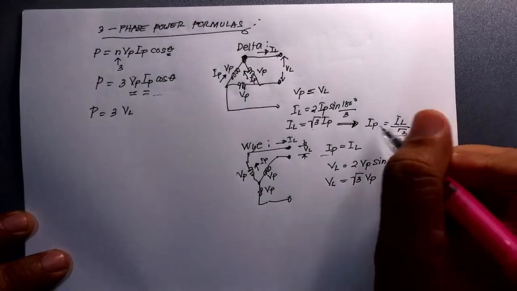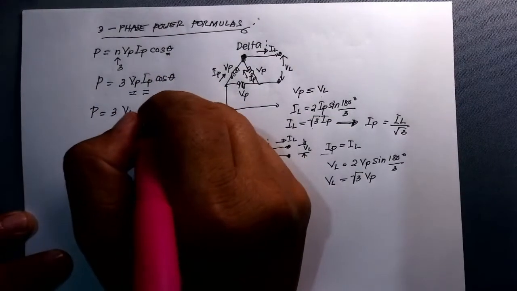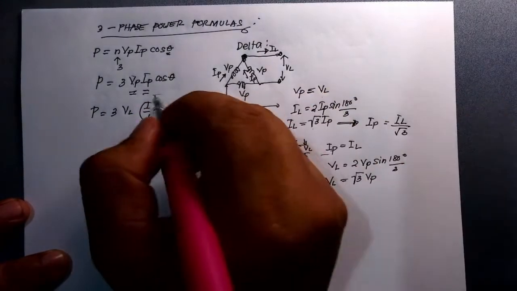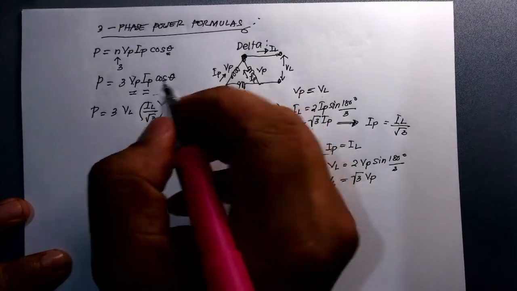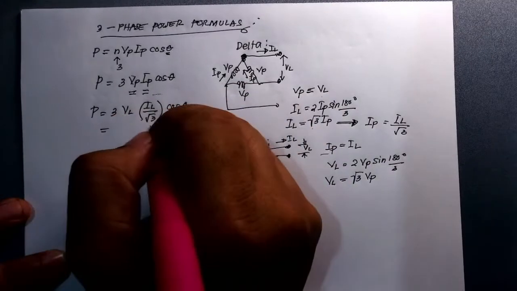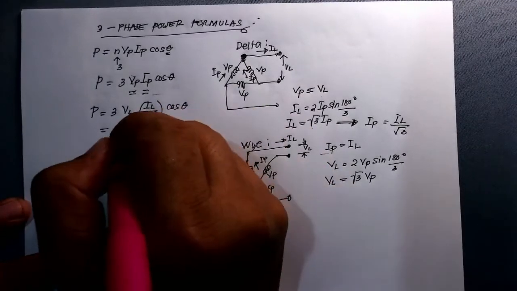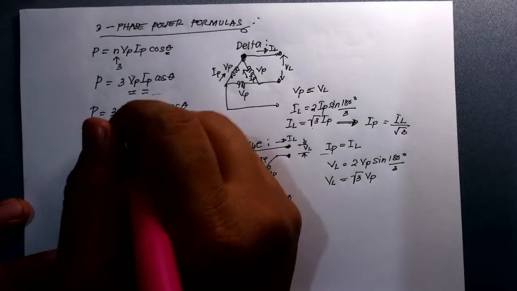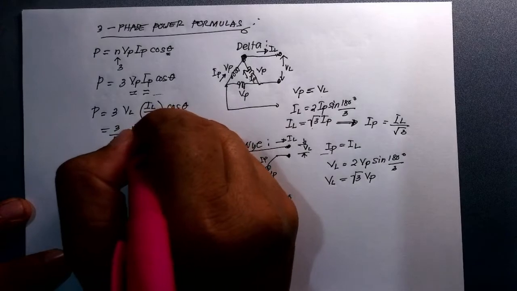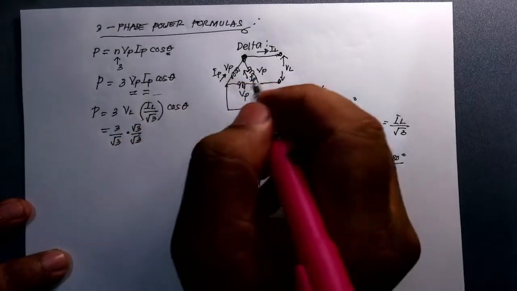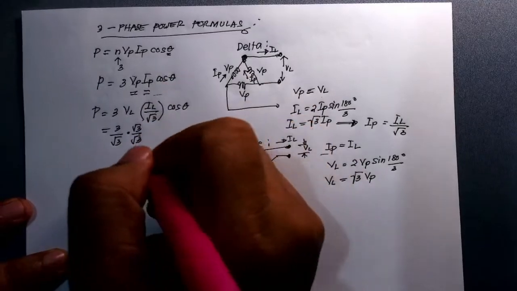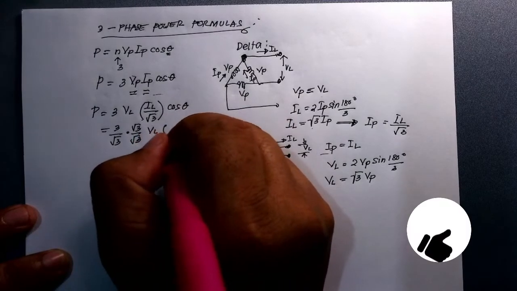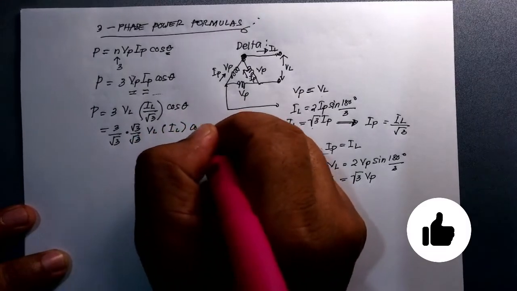So your phase current is the line current divided by the square root of 3. If you are going to substitute this here, that will become I sub L over square root of 3, cosine theta, and 3 V sub L. I will use one value, which is square root of 3 over square root of 3, to remove the radical sign in the denominator, and we copy V sub L times I sub L cosine theta.